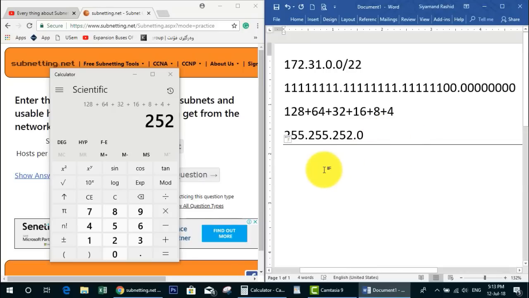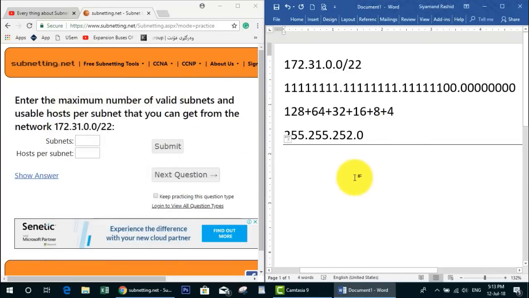The question asks for the maximum number of subnets. For subnets, after we convert this to octets, actually we don't need the subnet mask, but it is good practice to find it. For the maximum number of subnets, the second step is identifying which IP class you have.